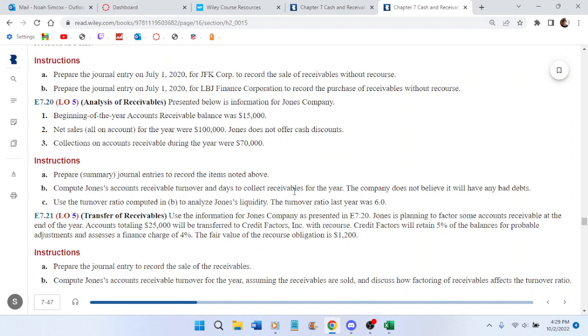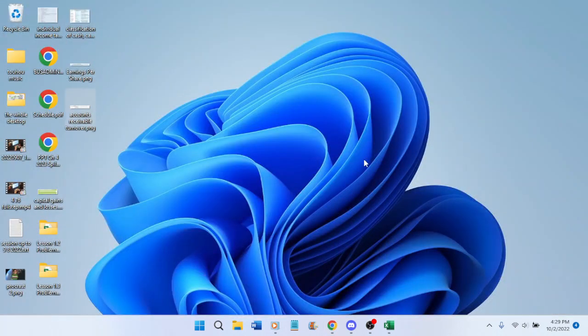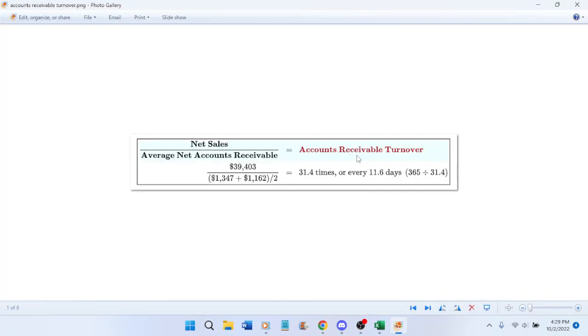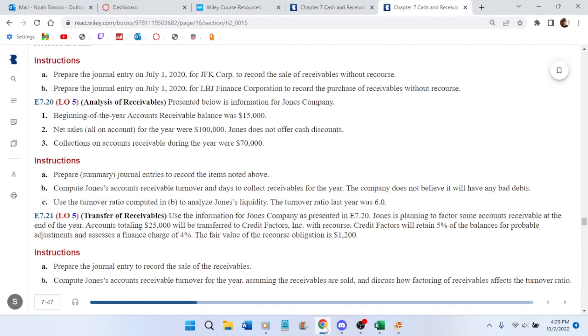So now we have accounts receivable turnover. So what is accounts receivable turnover? Well, that's something we have to memorize before the test. Net sales divided by average net accounts receivable. So we know what net sales is.